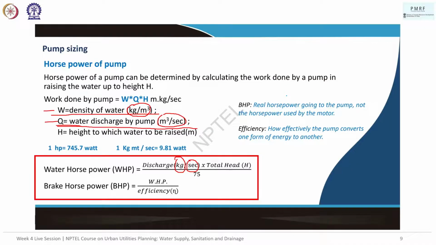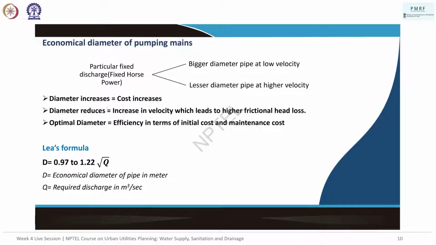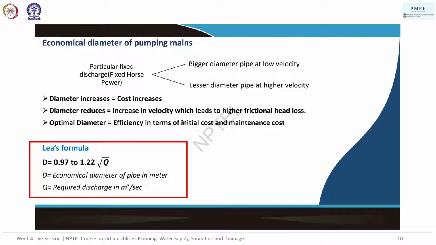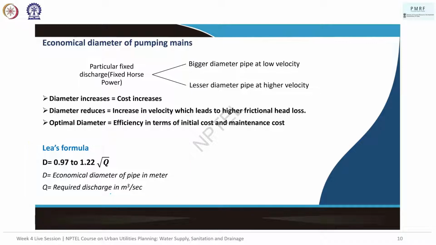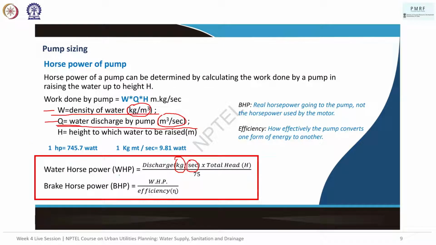So what is the formula for economic diameter? Do you remember? Use Lacey's formula. Lacey's formula is, we take it to be 0.97 to 1.22 of the square root of Q. Q will be discharge in meter cube per second, right? So that will be, so discharge into total head will give you the water horsepower.